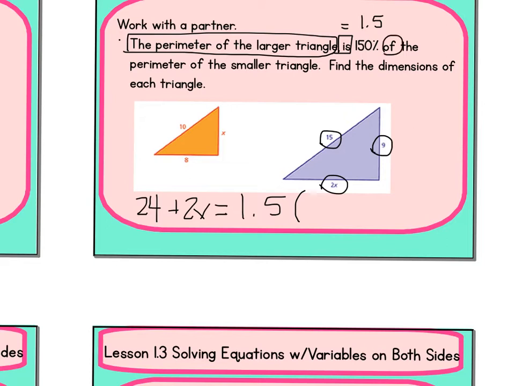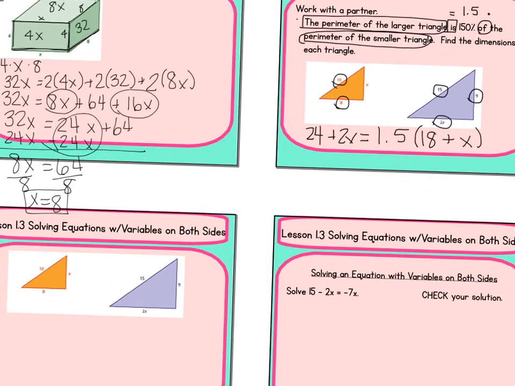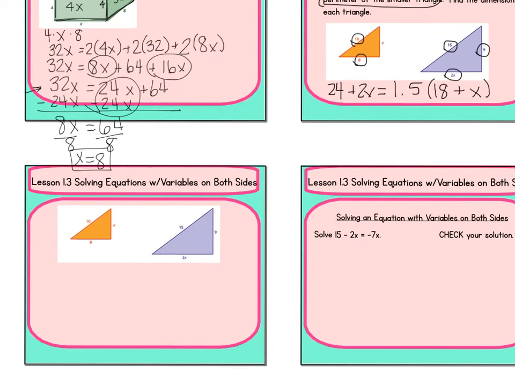Of in math means to multiply the perimeter of the smaller triangle. So the perimeter of the smaller triangle is 8 plus 10, which is 18, plus x. I'm going to take that and write it on the next slide so that we can have some space to solve. So we have 24 plus 2x equals 1.5 times 18 plus x.